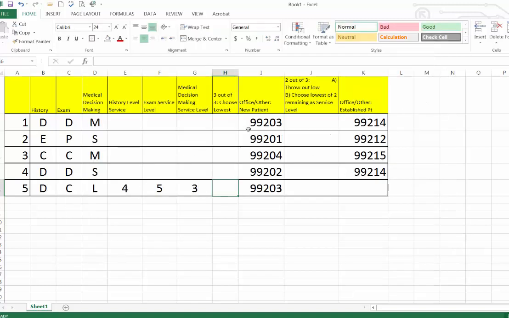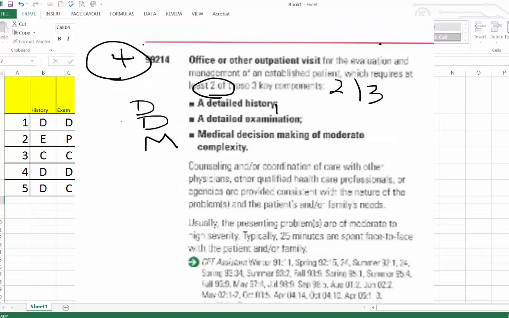So I have established patient in the office. I have 4, 5, 3. So when I need 2 out of 3, I'm going to throw out my low man, which in this case is the number 3. And now I'm left with a 4 and a 5. So I must go with the lowest of those 2 remaining, which makes a service level 4. And so I would bill a 99214.